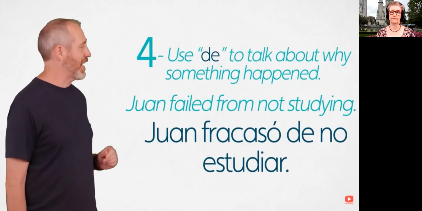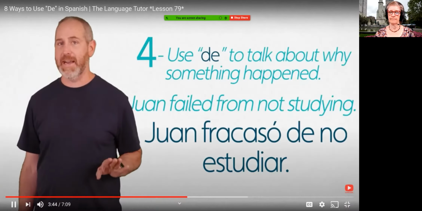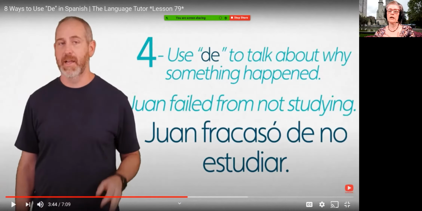Okay, so Juan fracasó de no estudiar. I would tell you this is kind of an icing on the cake reason. Conversationally, I don't think you're as likely to use this as the other things. Not that it isn't helpful, because it is, but it's maybe not quite as common in your everyday conversation as a lot of the other ones. Just tuck that in the back of your mind.